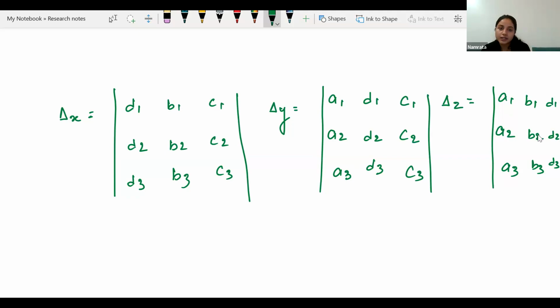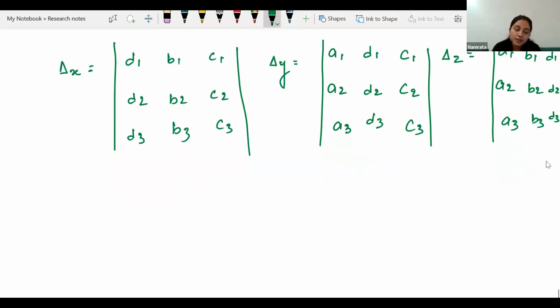Now Cramer's rule says that when we are solving the system of equations, we can find the x value by x into delta is equal to delta x.